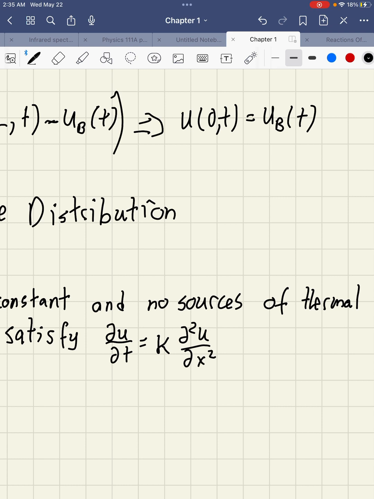Which the K, if you remember, is the K naught divided by c rho, which explains the diffusivity.